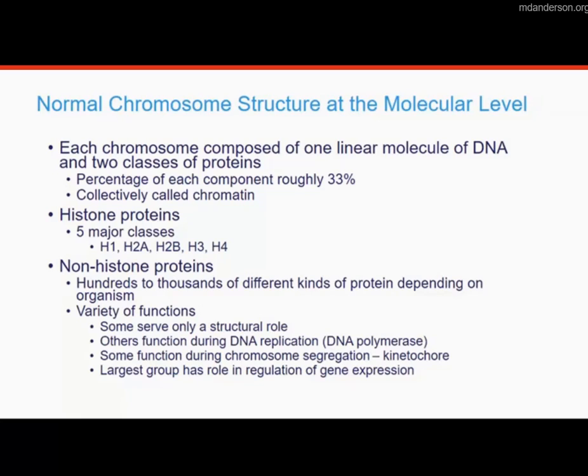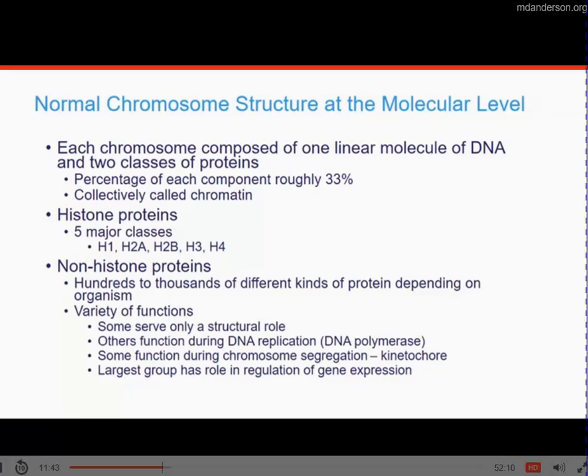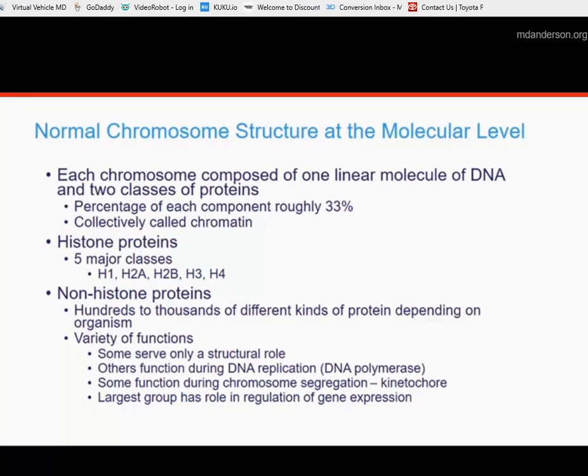Okay, so to talk a little bit about normal chromosome structure before we get into the clinical stuff. Each chromosome is composed of one linear molecule of DNA, and there are 2 different classes of proteins. The percentage of each component is roughly 33%.